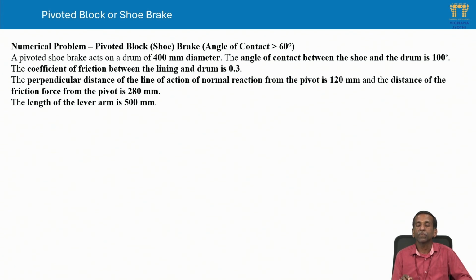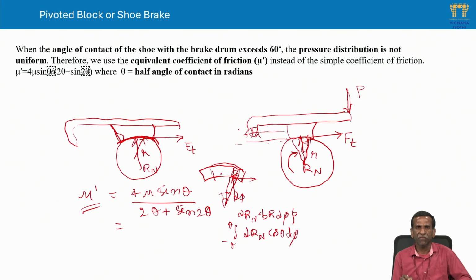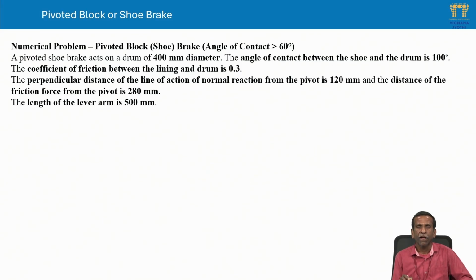The coefficient of friction between the lining and drum is the general coefficient, but the effective one you need to find using the mu dash and mu relation: mu dash is mu times 4 sin theta by 2 theta plus sin 2 theta, as already shown. Here the coefficient of friction between lining and drum is 0.3, that is mu. Mu dash you need to evaluate.